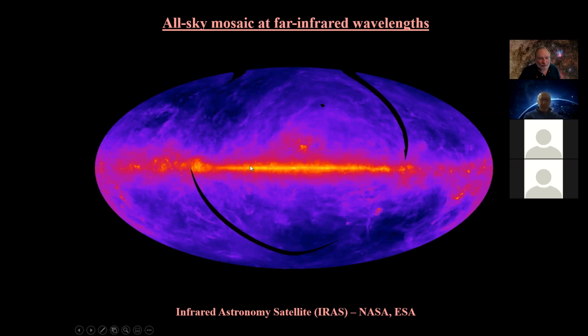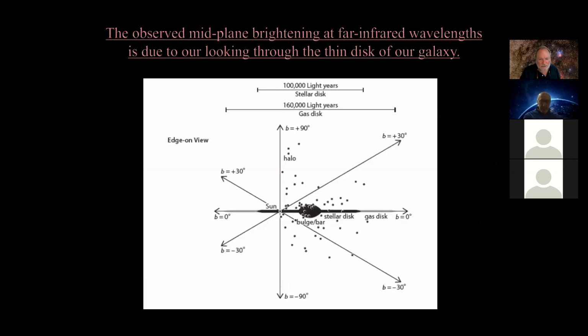And then everything kind of falls off with galactic latitude. There are some things that are poking out here and there, the Cygnus star-forming region, but there is this intense mid-plane brightening.